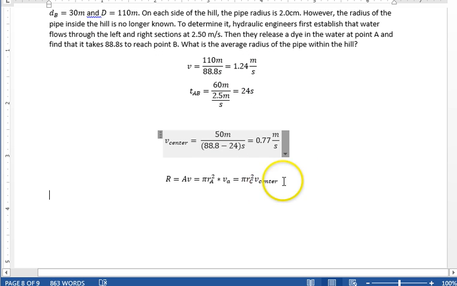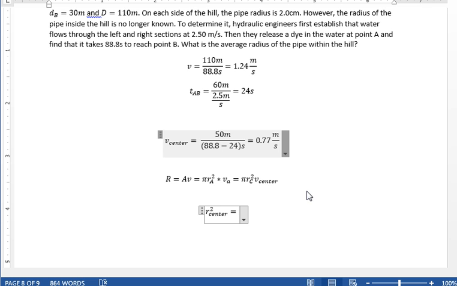So we know that the average radius at center squared is radius at part A squared times velocity at part A divided by velocity at the center. All right, and so to get R center, the average radius in the middle, we just need the square root of all this.